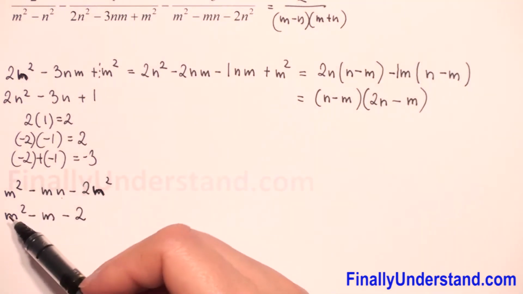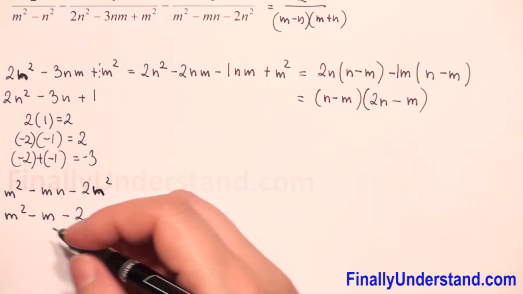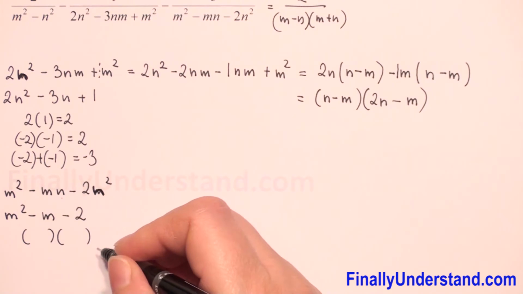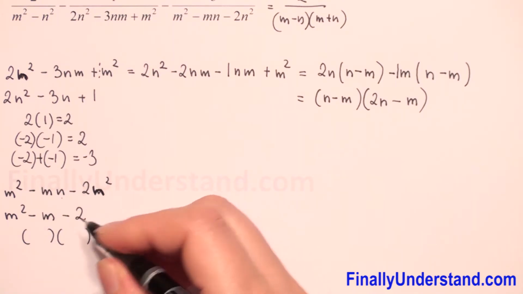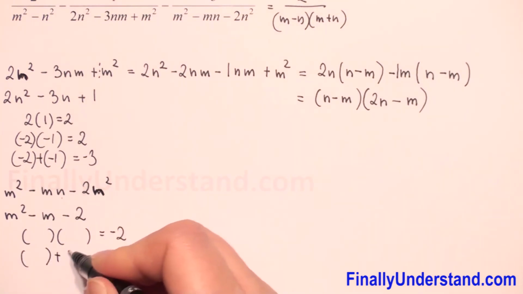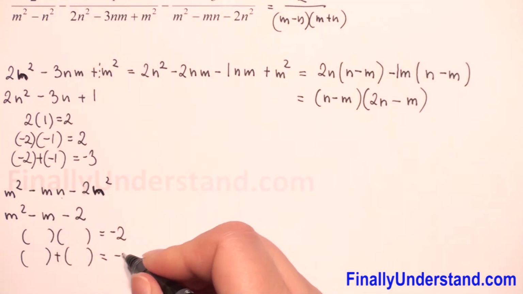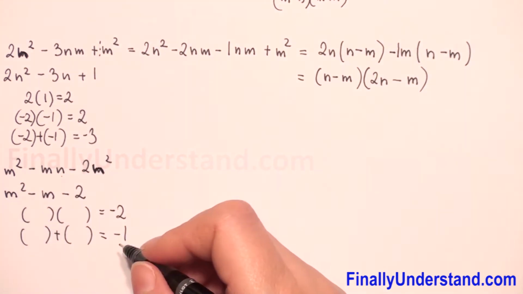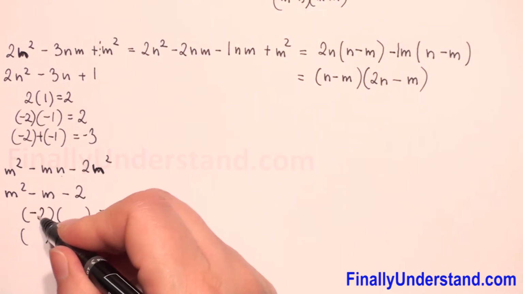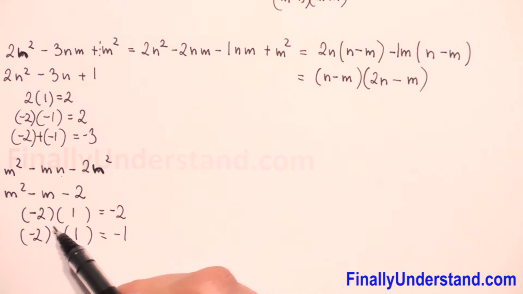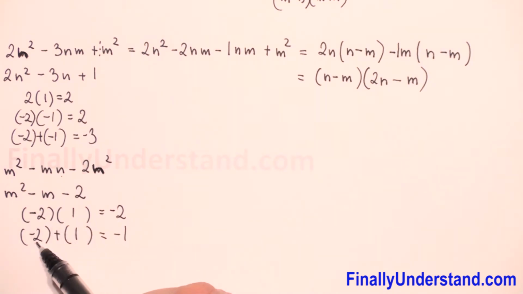And now, because the coefficient before m squared is positive 1, we need to find two numbers which multiply to give negative 2, and when I add these two numbers, the coefficient before m is negative 1. So it will be negative 2 and 1. Negative 2 times 1 is negative 2. Negative 2 plus 1 is negative 1.